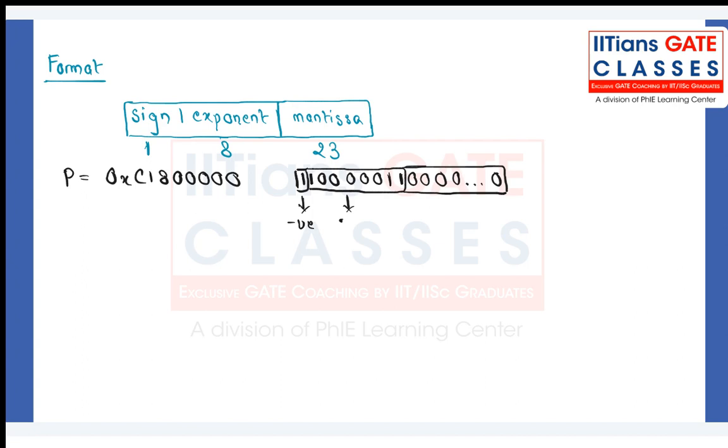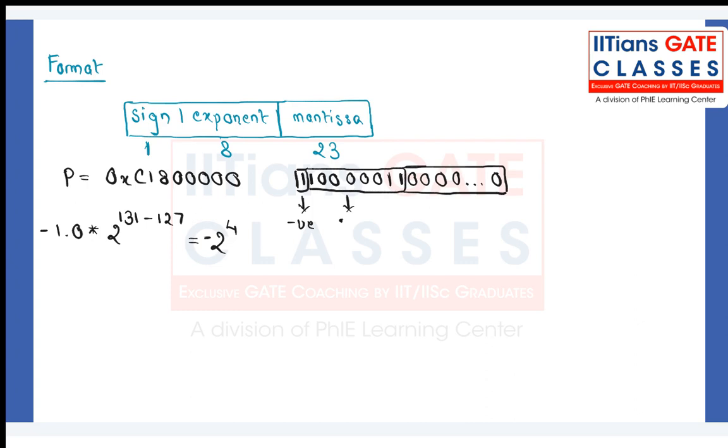There's no explicit normalization, which means the number is actually 1.0 multiplied by 2 to the power exponent minus the bias. So it's nothing but negative 2 to the power 4. Why negative? Because the sign bit is 1, and 1 means negative.